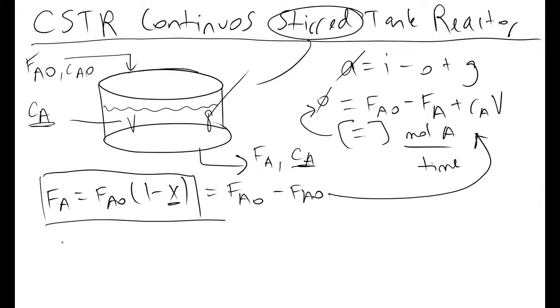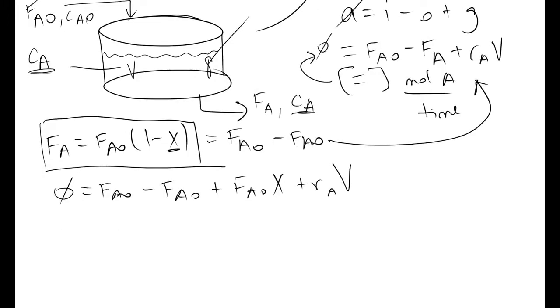When we do that, we have 0 is equal to FA naught minus FA naught plus FA naught X, so it's a double negative, and then plus RA times the volume of our CSTR. We will see that these FA naught terms cancel out, and what we are left with is 0 is equal to FA naught times X plus RA times the volume of our CSTR.